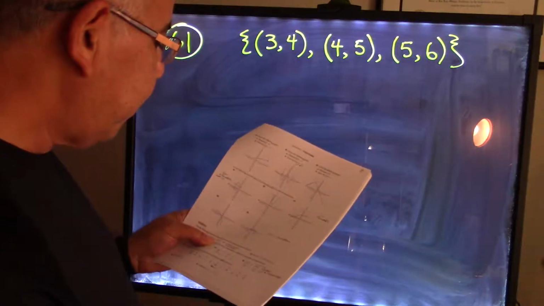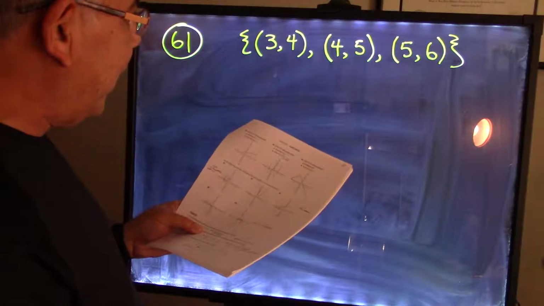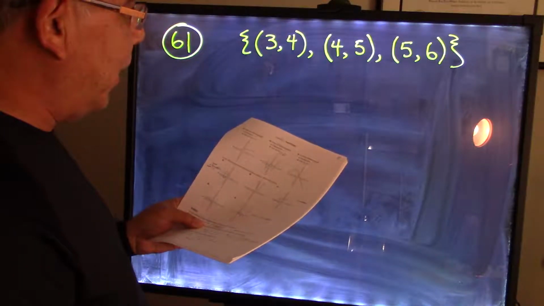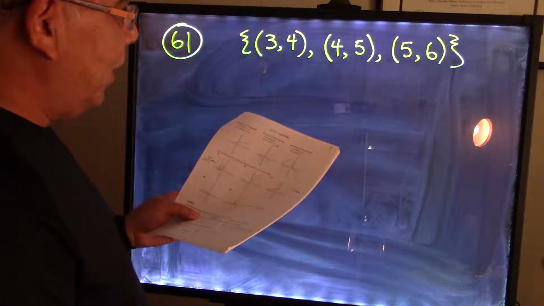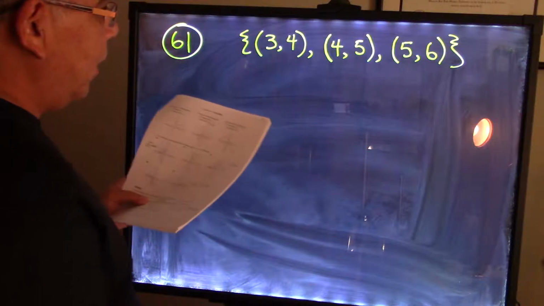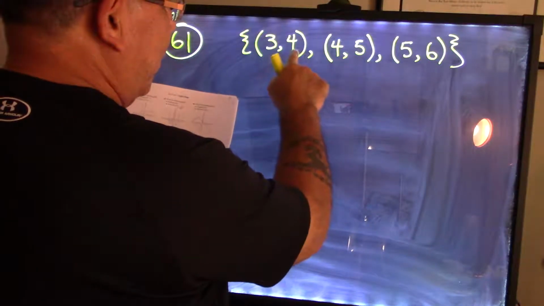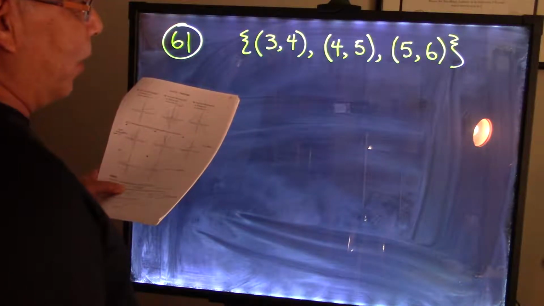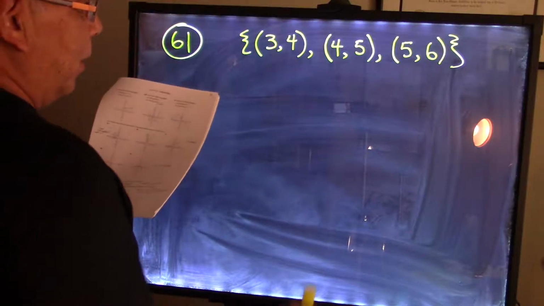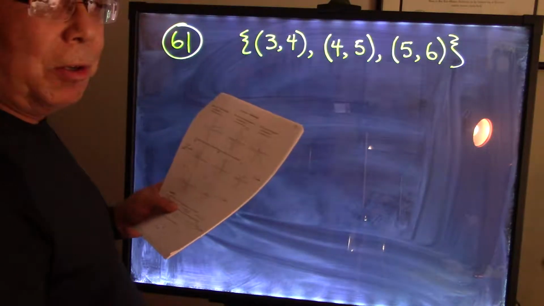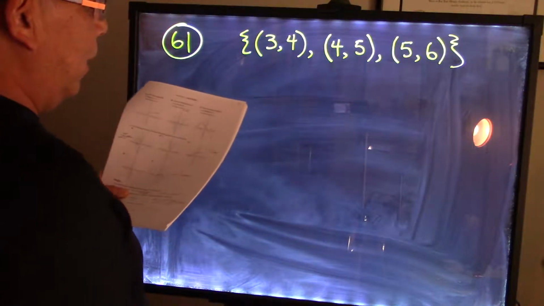But can you find that in this relation, where one x-coordinate is paired with two or more different y-coordinates? Well, no. All of these x-coordinates are paired with just one y-coordinate.